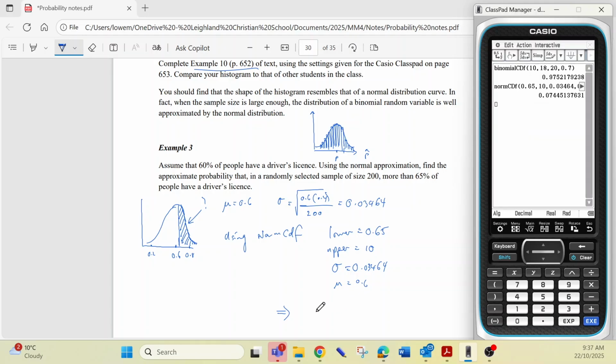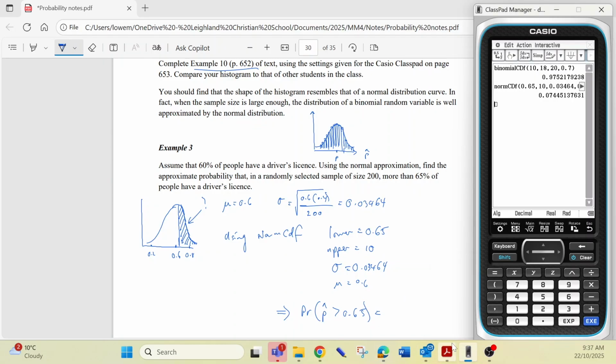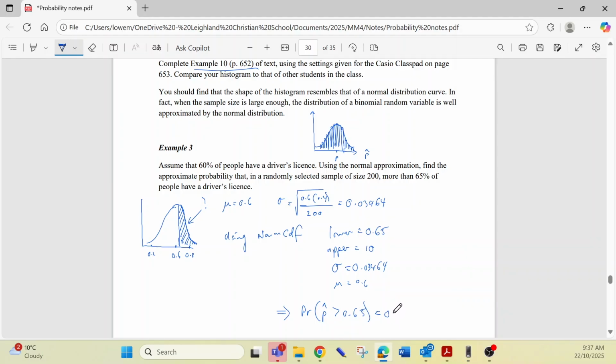Okay, and we get the probability that p hat is greater than 0.65 is equal to, what did I say it was? 0.074. Okay, so that's the probability.